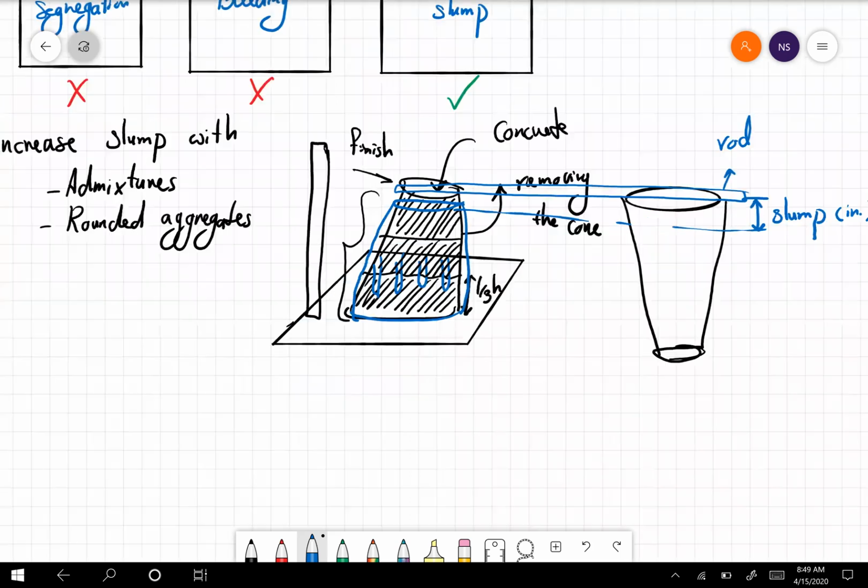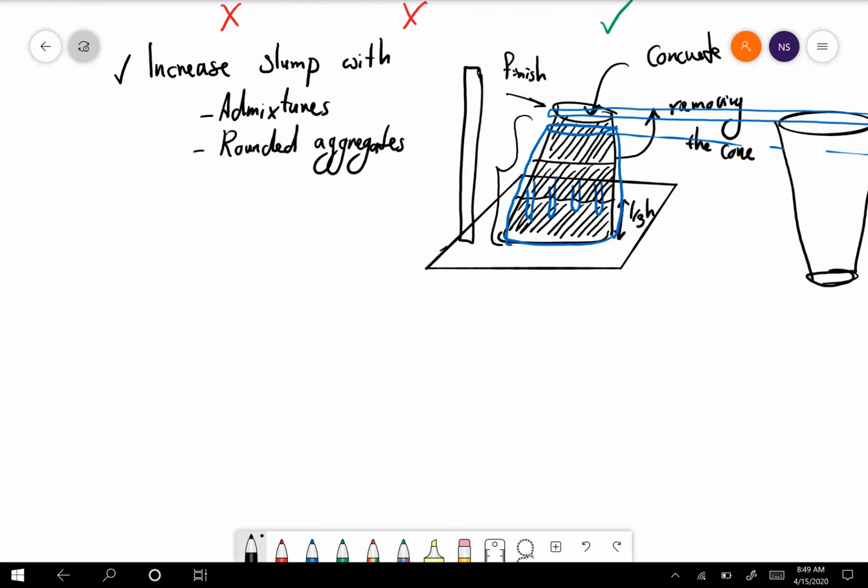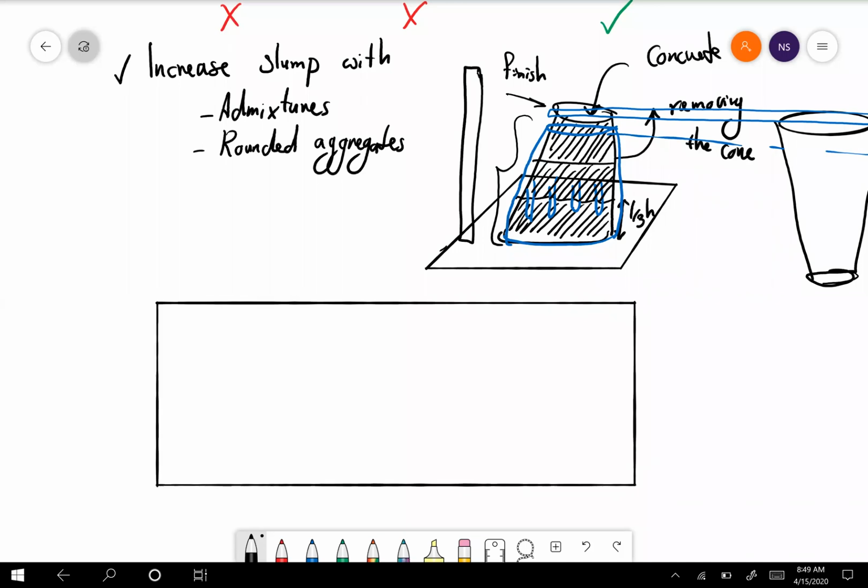And for the mix design, based on different construction applications, there is another ACI table. Based on different concrete applications, you have a slump range in terms of maximum and minimum.